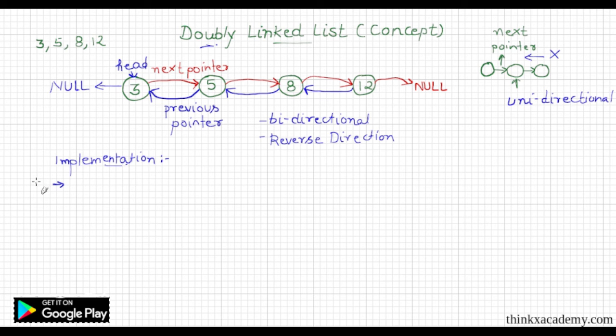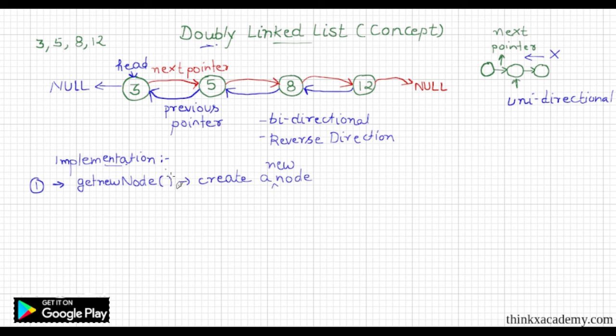So the first function that we are going to create is a get new node function, and this function is used to return. It will first create a node, or particularly a new node.